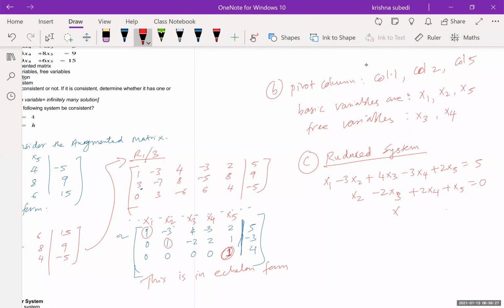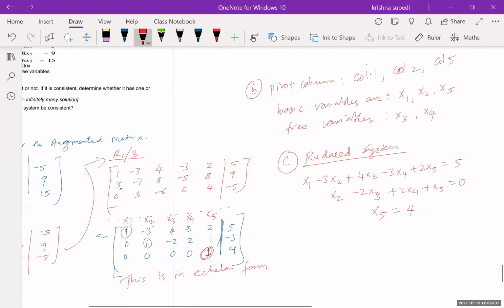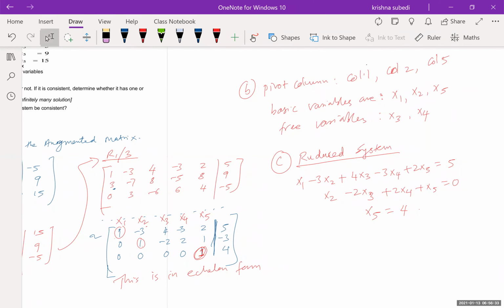Next one is x5 equals 4. Okay. Is there anything that I did wrong?